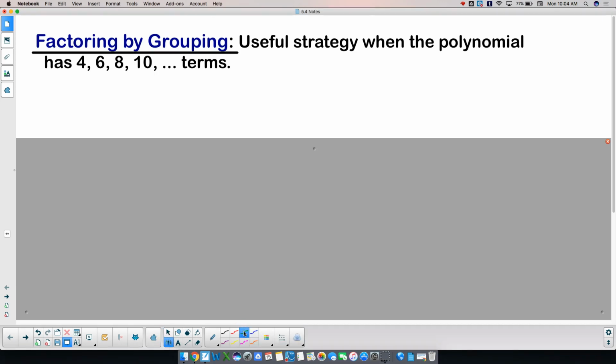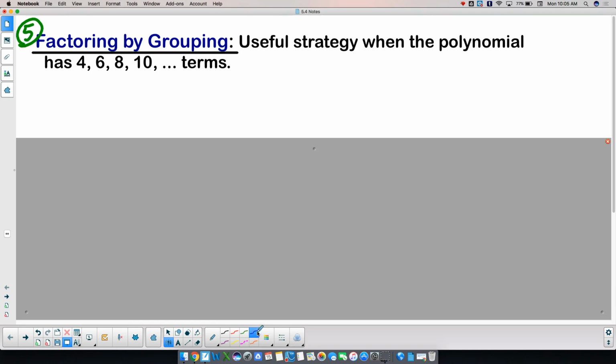The reason I didn't bring it into play on Friday is because it only happens on the rare occasion that your polynomial is bigger than 4 terms. And it's got to be an even amount of terms. Okay? It helps if you've got 4 or 6 or 8 or 10 terms.